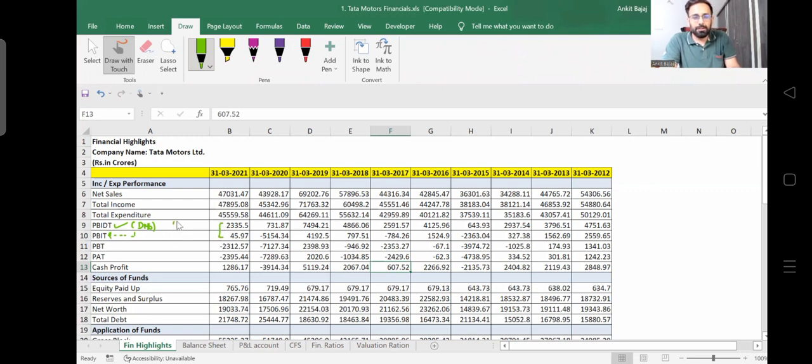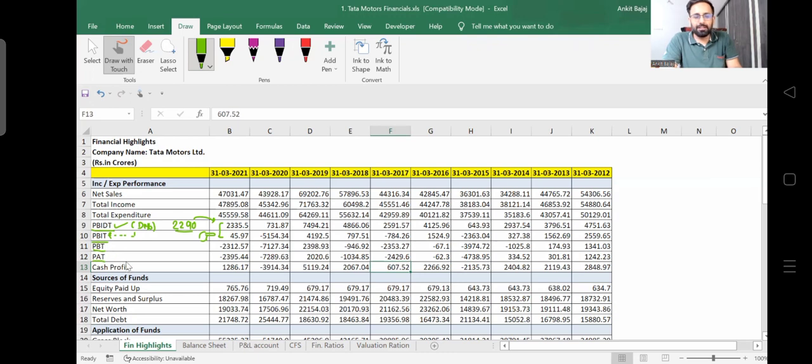The depreciation amount is something around 2,290 crore rupees, right? So if you reduce 2,290 crore from 2,335, you will get 45 crore rupees here, which is PBIT. Now, once you reduce the interest amount, you will get PBT. And once you reduce the tax amount, you will get PAT, right?